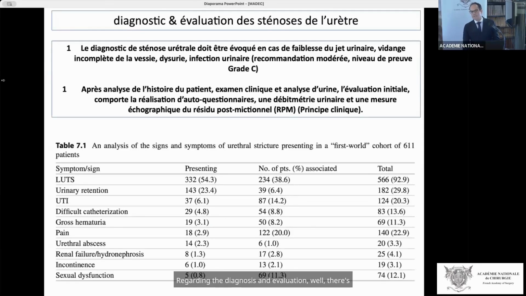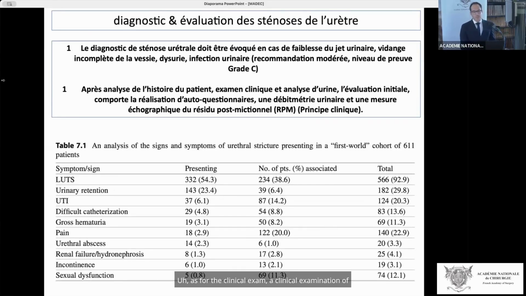Regarding the diagnosis and evaluation, well, there's not much to say. The clinical signs are not very specific. They are signs of lower urinary tract obstruction with dysuria. It's perhaps important not to forget to ask the patient about their sexual function and especially their ejaculatory function, because unlike the obstructive syndrome of BPH, ejaculatory function is much more impaired in cases of urethral stenosis.